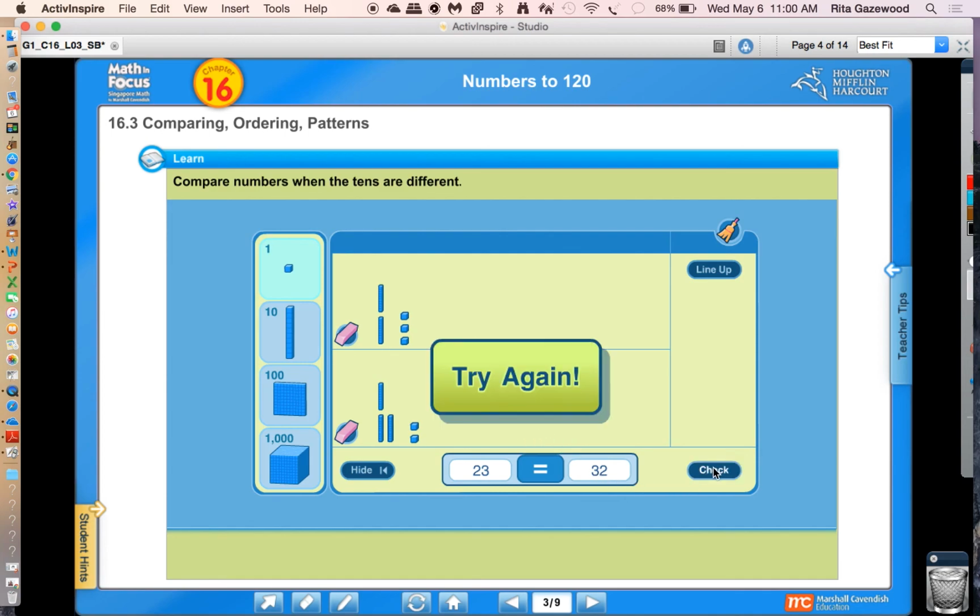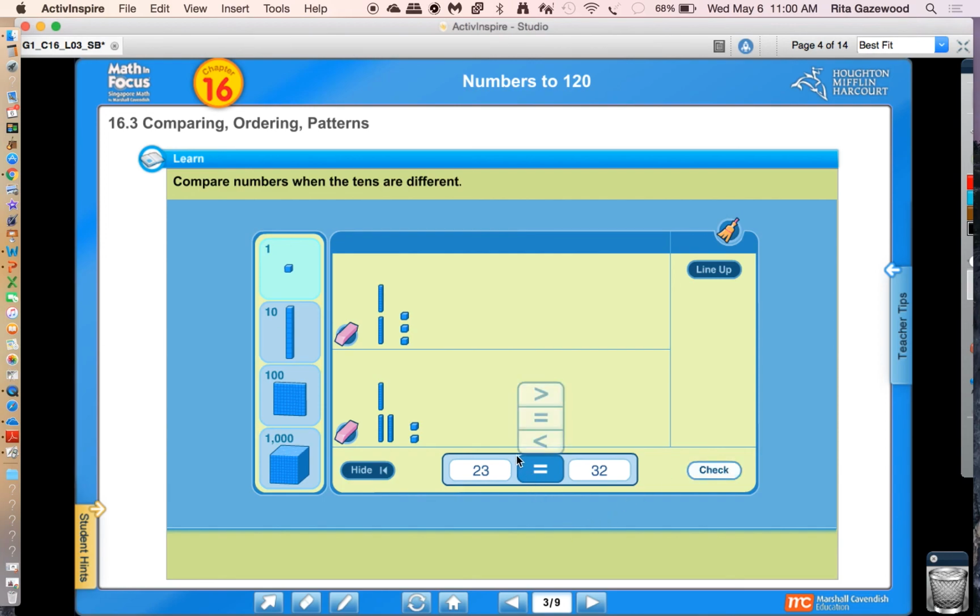Oh, wait a second. That's right. They have a different number of tens and ones. So they're not equal, are they? Oh, yeah, this one has more tens, so this one is smaller. So if it's smaller, I say less than.